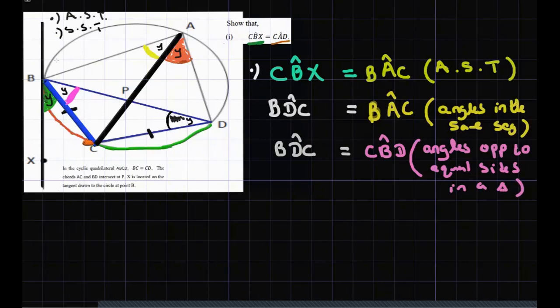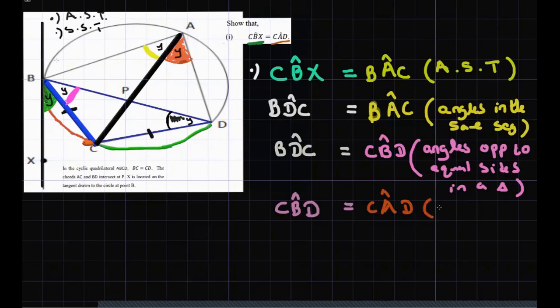All right. What's the next thing? Then we said this pink angle should be equal to the orange angle. Why? Because both of these are subtended by the green arc CD. So let's report that. CBD, the pink angle, is equal to the orange angle, CAD.